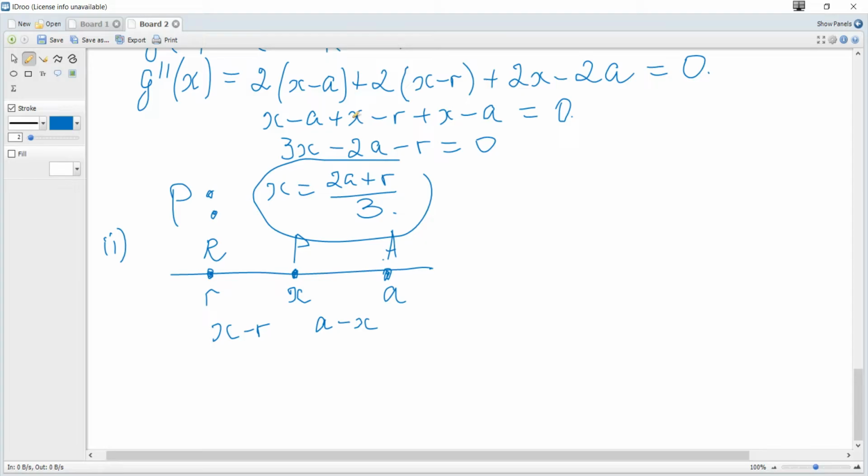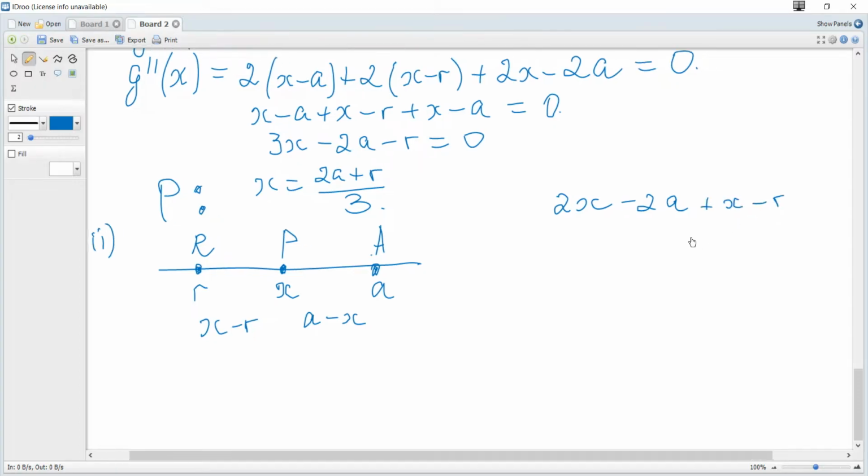And actually there is a formula for how to divide a line segment in proportion, but I don't remember this formula. And we can use this: 2x minus 2a, because we have r with coefficient 1 in front, so we can consider this 2x and 2r, and plus x minus r is equal to 0.